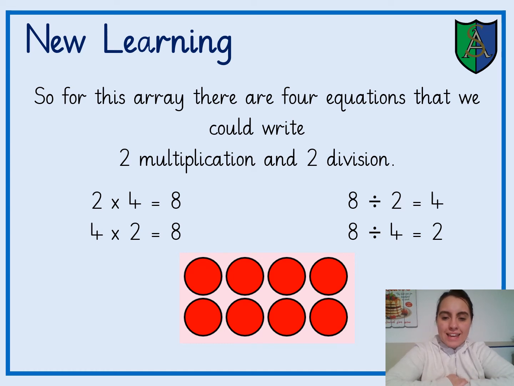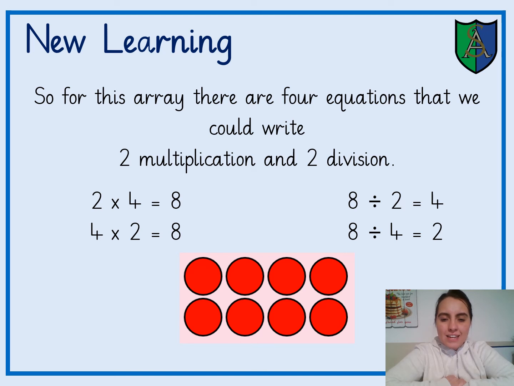Now, let's look at the division. Remember, when we're finding the division, we take the whole number first, so we can see that there are 8 altogether there. Now, if we were to divide those 8 into 2, or to share them into 2 equal groups, we would have 4 in each, wouldn't we?